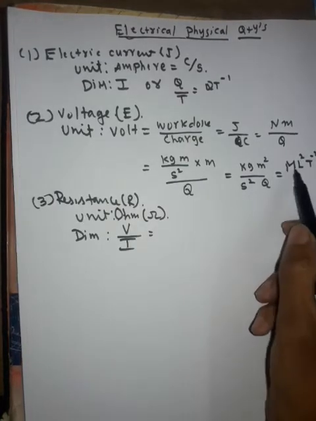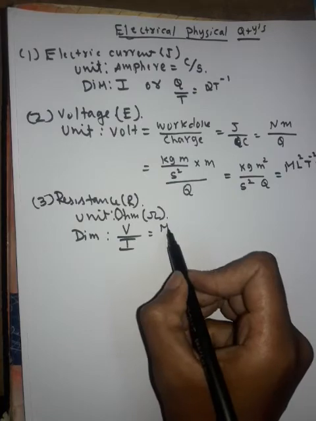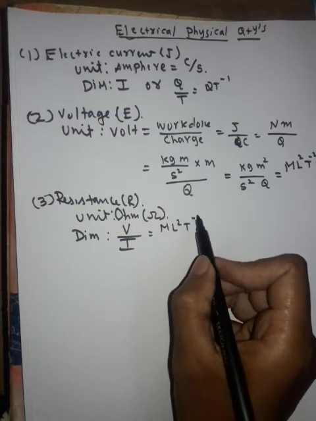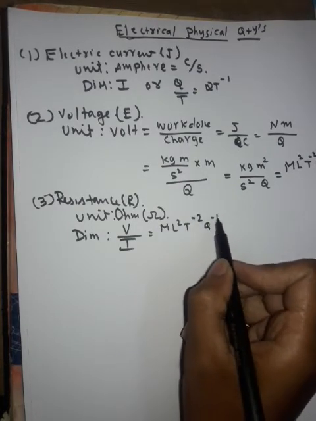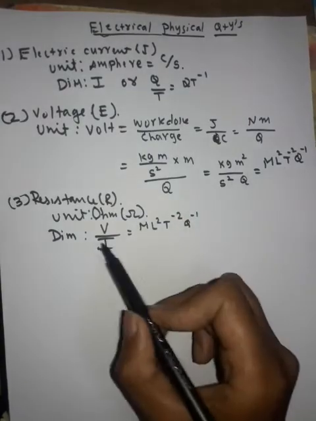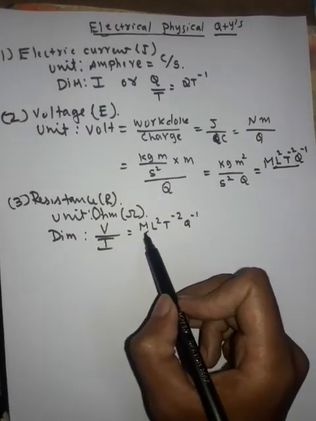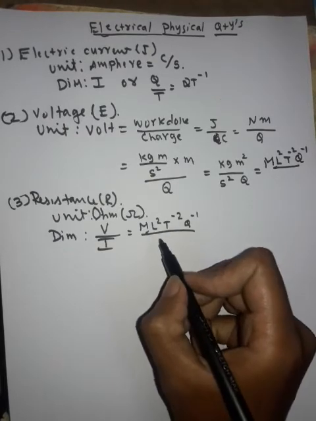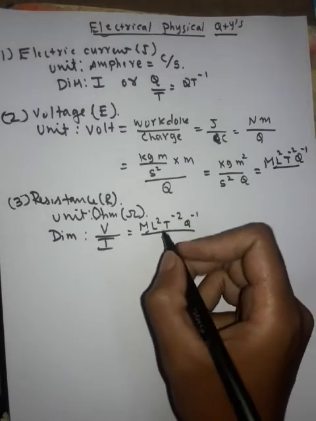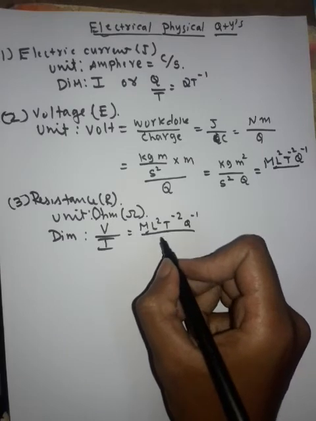For voltage, we can write this dimensional formula M L square T power minus 2 Q to the power of minus 1, and the dimensional formula for current, I can write as I or Q T power minus 1.